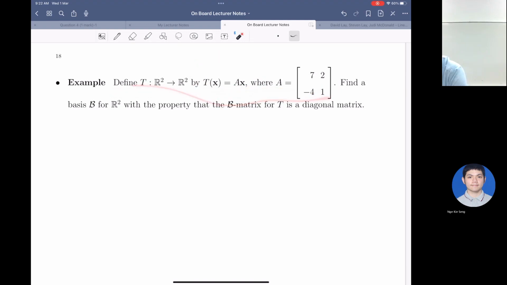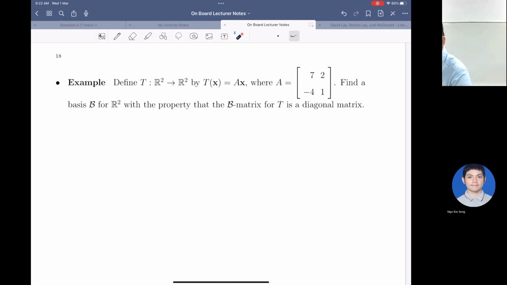Now it says to find a basis for R2 with the property that the matrix of T is a diagonal matrix. Can we do this? Have we diagonalized this before? I think we haven't, right?